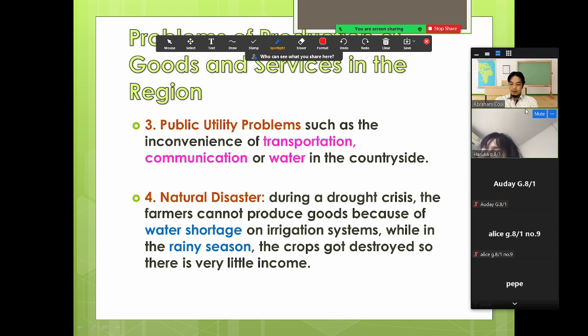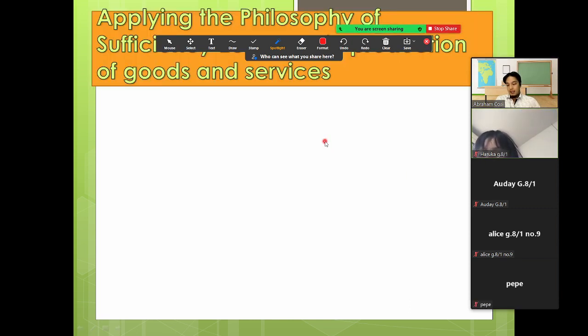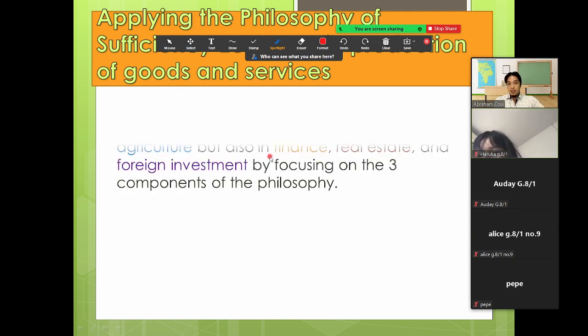Applying the philosophy of sufficiency economy in the production of goods and services in the region. So the application of the philosophy. How can we apply the philosophy of sufficiency economy in the production of goods?